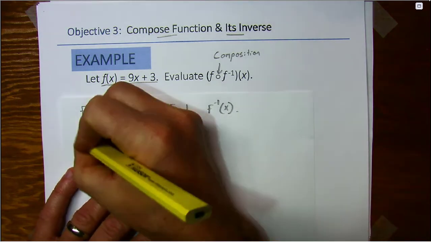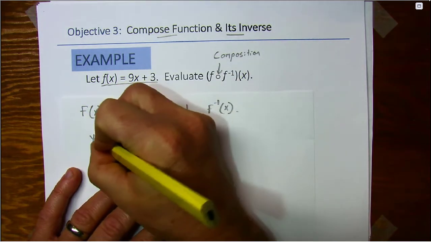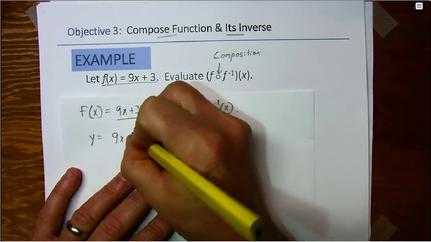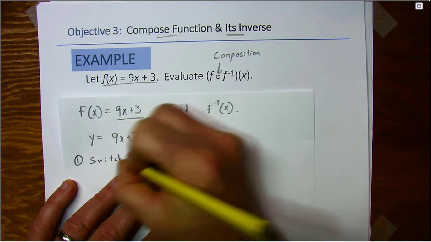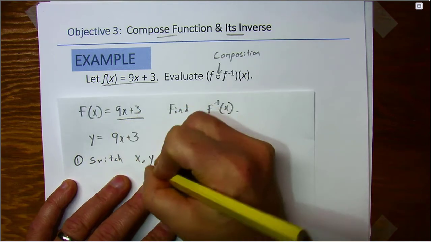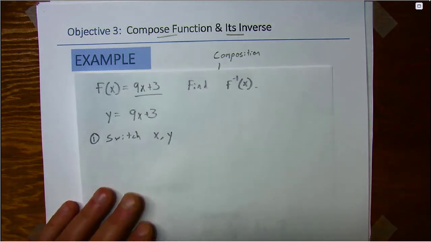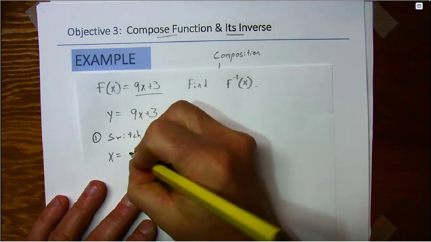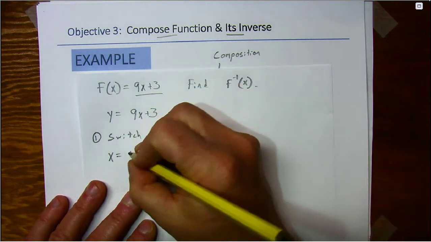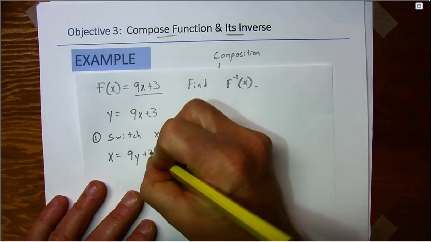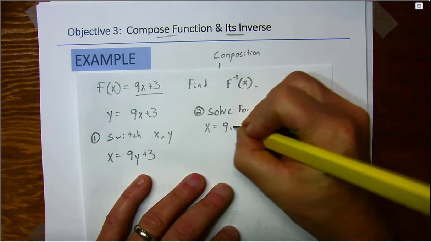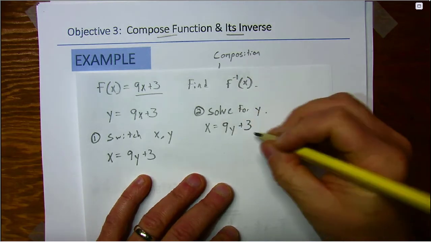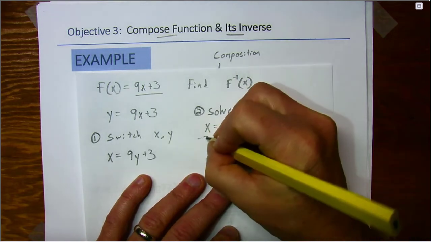Let's proceed. So first of all, we're going to rewrite that as y equals 9x plus 3. Step 1, we're going to switch x and y. Then this becomes x equals 9y plus 3. Step 2, let's solve for y. Okay, let's subtract 3 from both sides.